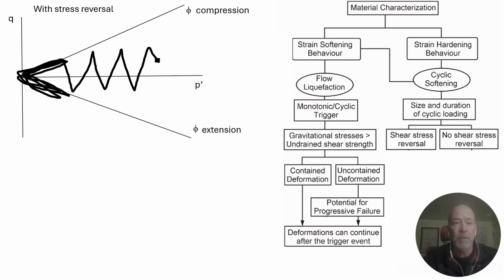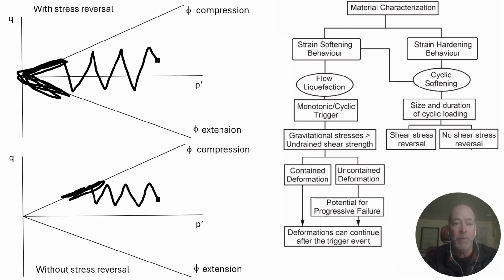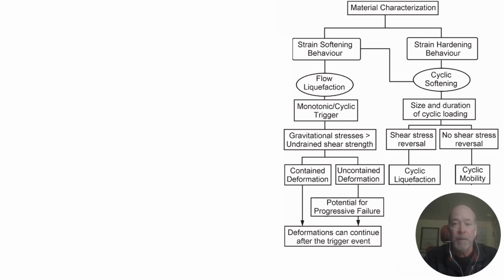With stress reversals, we can see that it goes through zero momentary effective stress, and it just keeps on moving until the cycles stop. And if we have no stress reversals, again, compression and tension, our soil element can get to failure, but it doesn't go through zero effective stress.